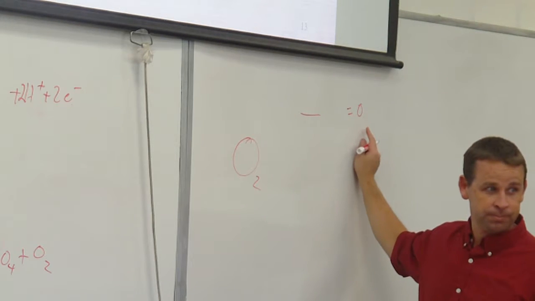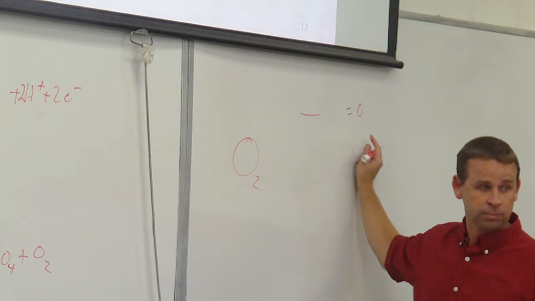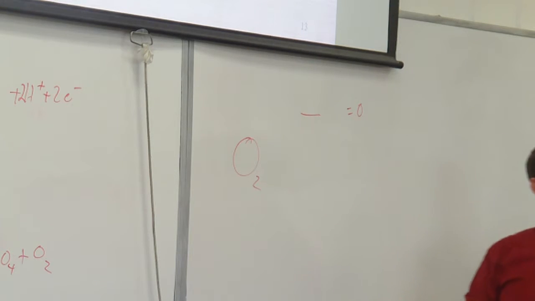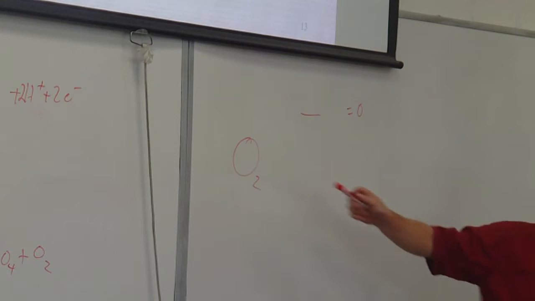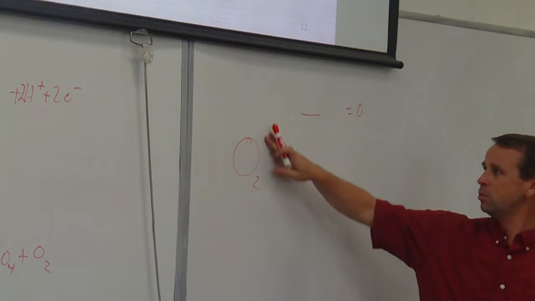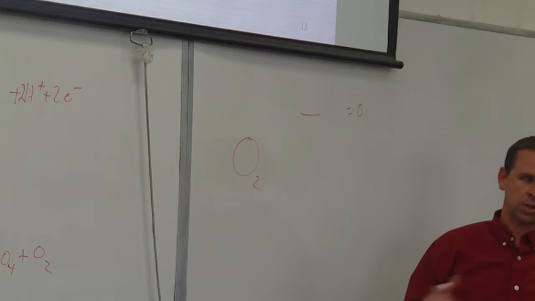Because like this diatomic oxygen is not -2, it's 0. Well, usually it would be -2, right? But if we put this as -2, that would be -4, but there's no charge here. Well, I lied. The real reason is, anytime anything's elemental, it's always 0.